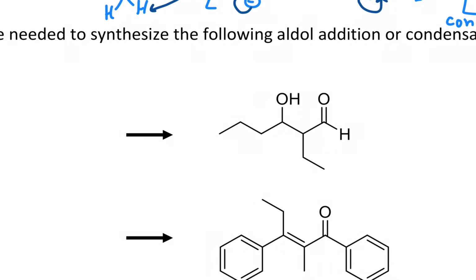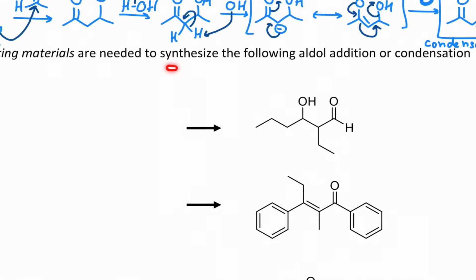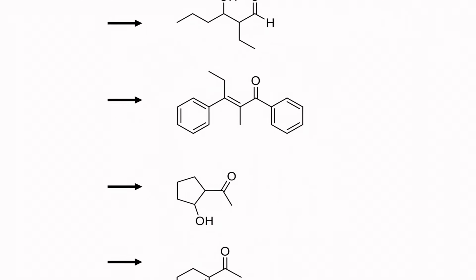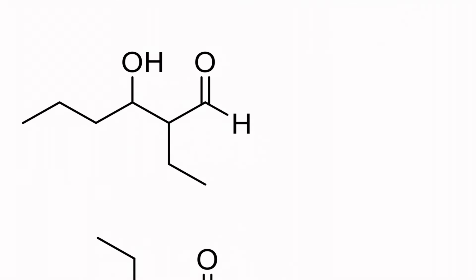Anyway, let's use our organic common sense and see if we can figure out how to synthesize the following aldol addition products using what we just learned. So these are all products of a hypothetical aldol reaction, and I'll point out, doing the first two, and then I'll have you try. Look for the carbonyl that's still there, and find the alpha and beta positions. There's the alpha position, and there's the beta position.